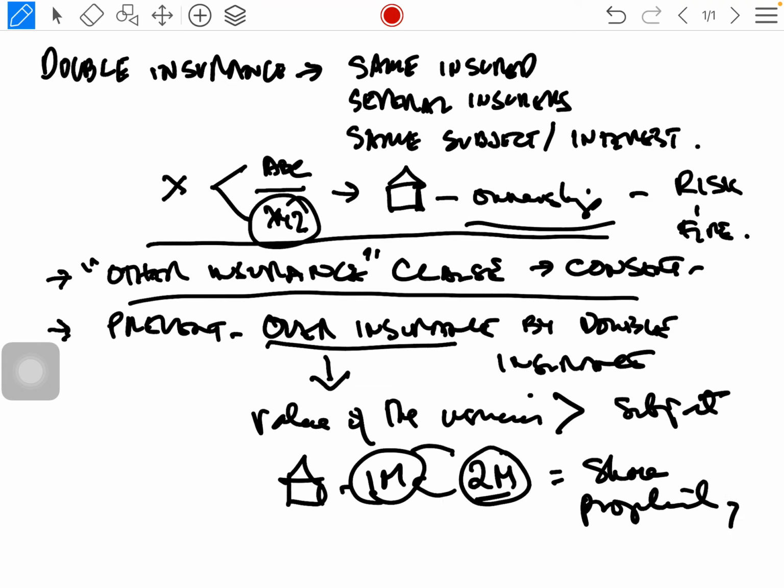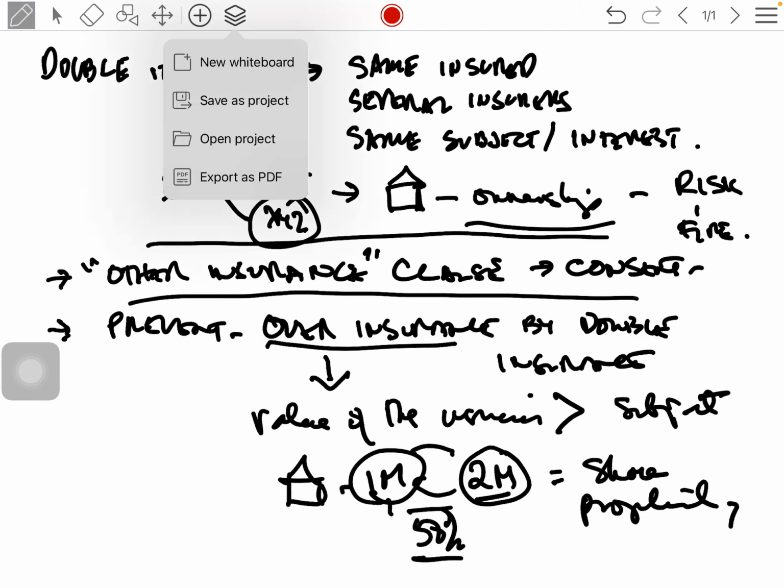So since they each insure it for 1 million, they will have to bear the loss at 50% each, or 500,000 for each of the insurance companies to make up the 1 million loss suffered by the insured, provided of course that this double insurance has or carries the consent of either or both of the insurance companies.